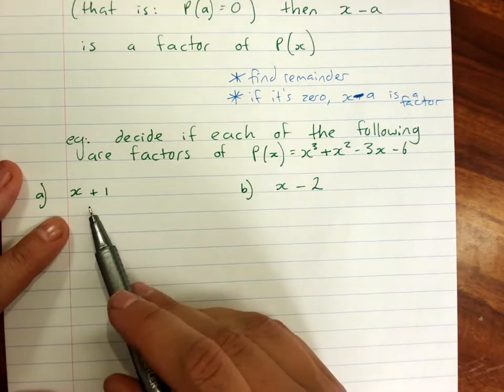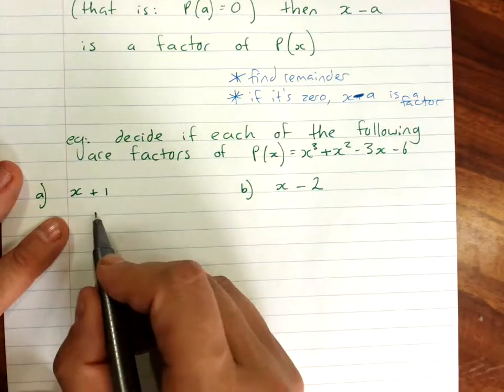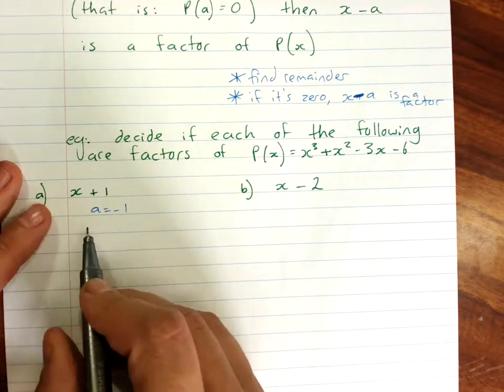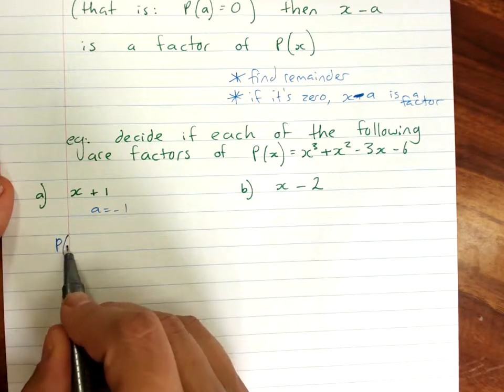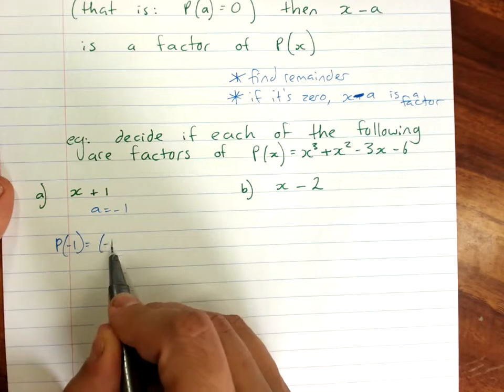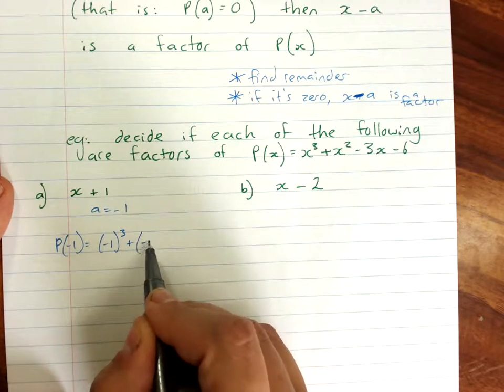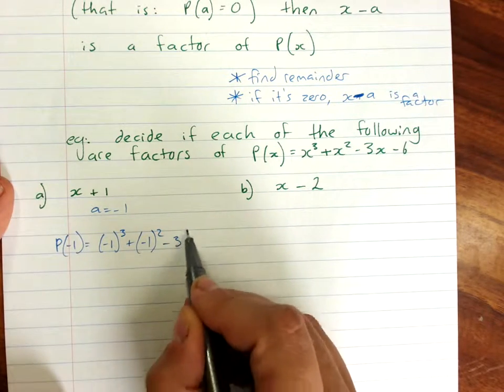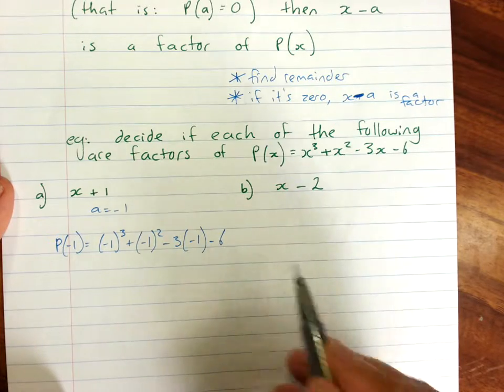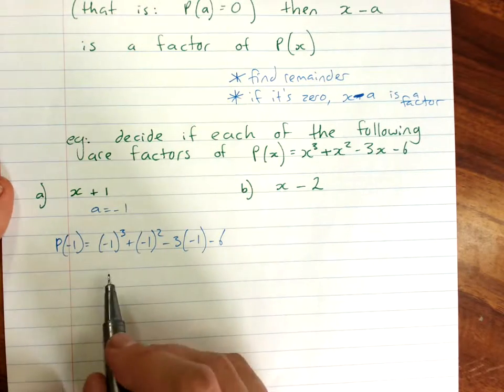So for x plus 1, first step, find the remainder. A is negative 1, so we're going to evaluate p of negative 1. Substitute in negative 1.